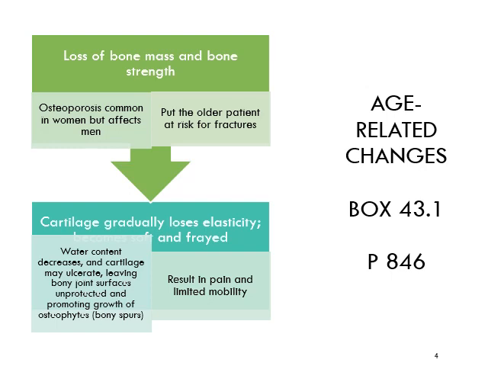Okay, so cartilage gradually loses elasticity. Water content decreases and cartilage may ulcerate, leaving bony joint surfaces unprotected and promoting growth of osteophytes or bone spurs. And that can result in pain and limited mobility. So let's go back to the book for a minute. Just want to be sure we covered everything. And we did.